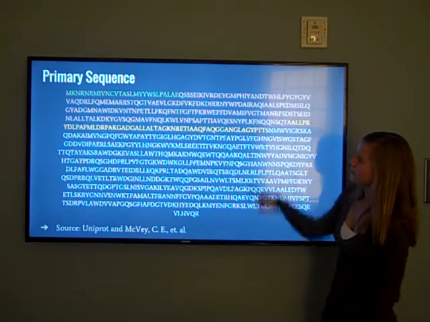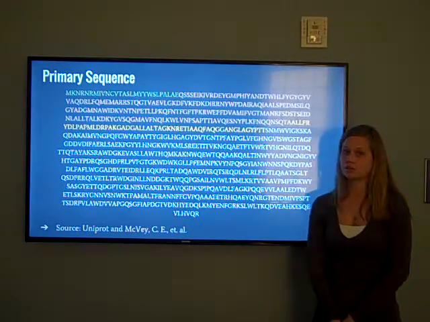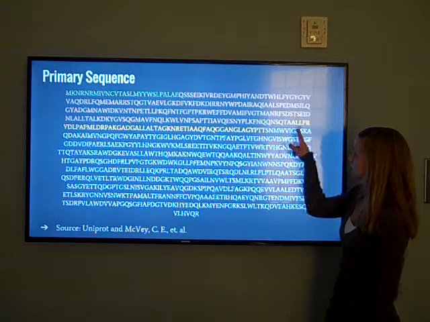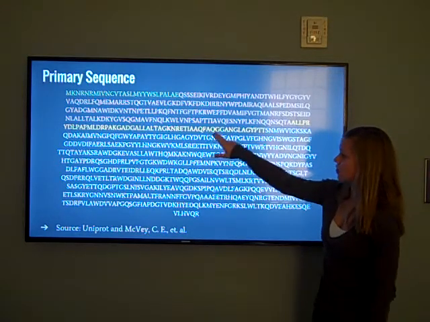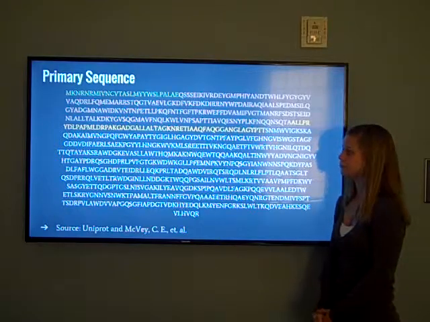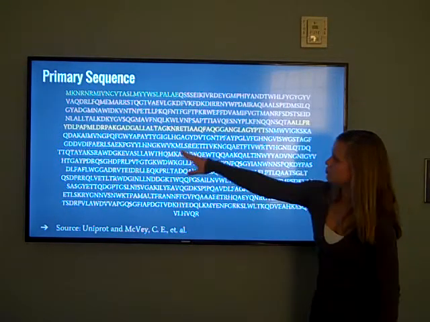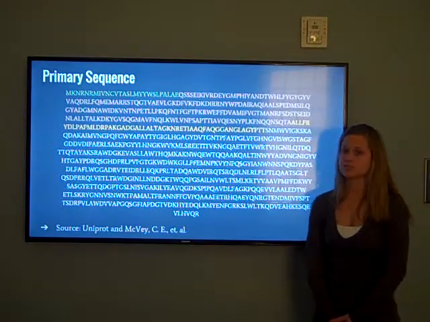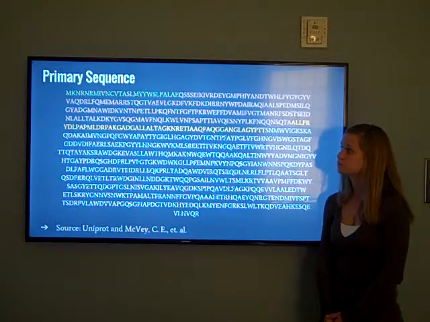Chain A, shown in red, is 209 amino acids long. The spacer peptide in between, here in yellow, is used to ensure correct folding of the enzyme. And chain B, shown in blue, is 557 amino acid residues long.